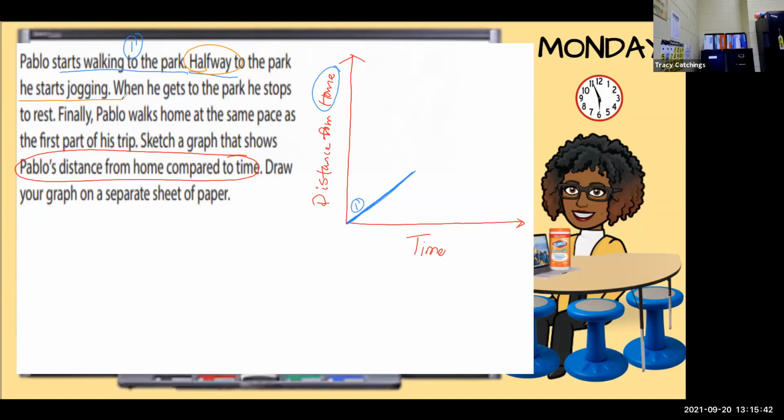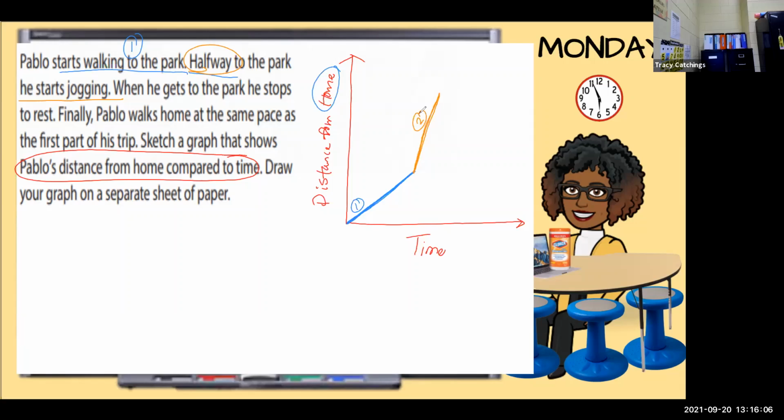Is it gonna be steeper or less steep? Steeper. So then at that point, you can do something that looks just like that. It's a whole lot steeper. So that means if I'm jogging, it's gonna take me a shorter time period to get there compared to me just walking. All right, what did they say happens next?